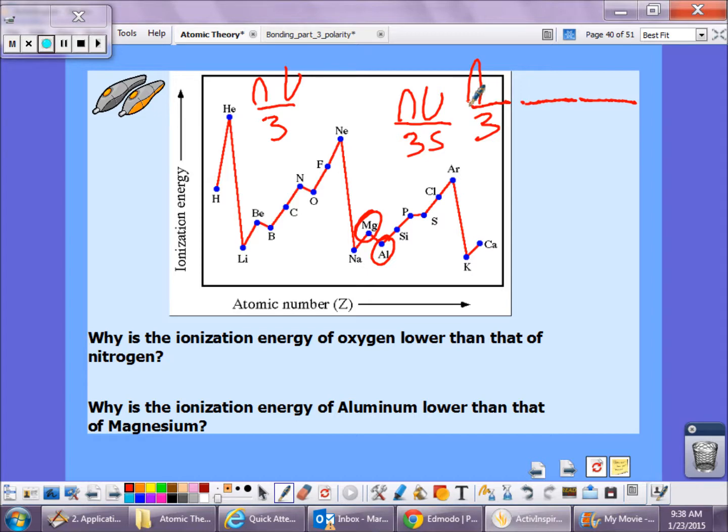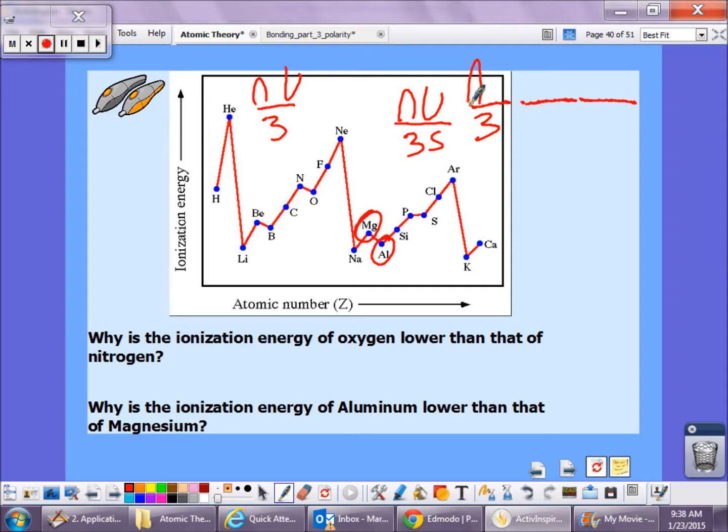Do not use energy level because both of them are in the same level. Do not use distance because it's the same main energy level. If you're not going up and down, do not use distance or main energy level. This is what you use. Even though aluminum has a higher effective nuclear charge, in both atoms the valence electrons are on the 3rd level.